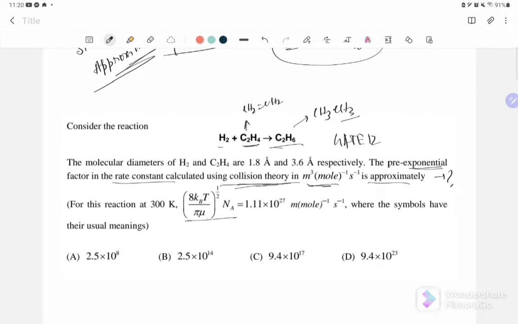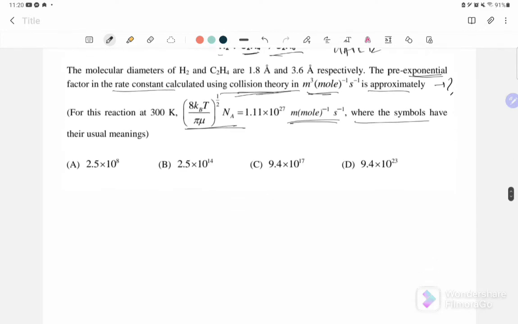So what is given? This term is given, that is 1.11 into 10 to the power 27, with its unit, and the reaction temperature is 300 Kelvin.